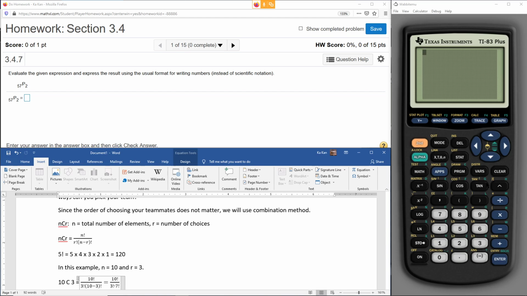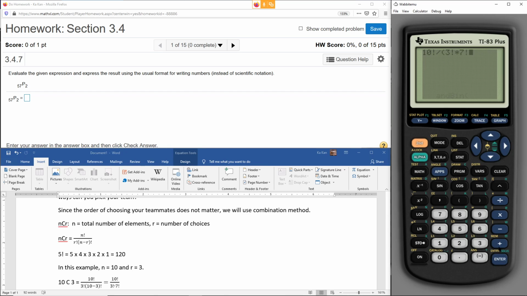On the TI-83, you press 10, and you might have to use some of the other tools that I showed you before. Go to math, probability, and see this number 4 right here. 10 factorial divided by the denominator, which is 3 factorial times 7 factorial.